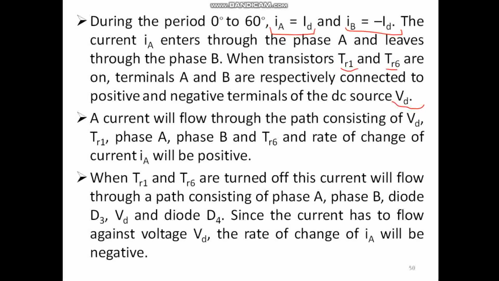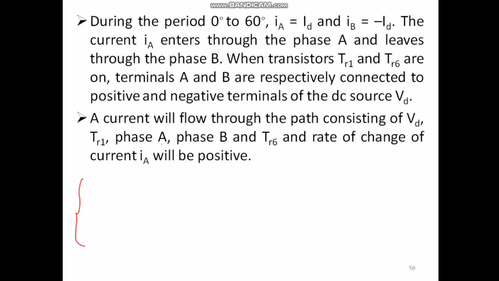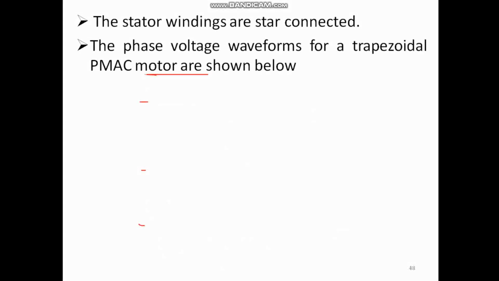Similarly, when TR1 and TR6 are turned off, this current will flow through the path consisting of phase A, phase B, diode D3, VD and diode D4. Please similarly analyze this statement the way we had done. What is written there?